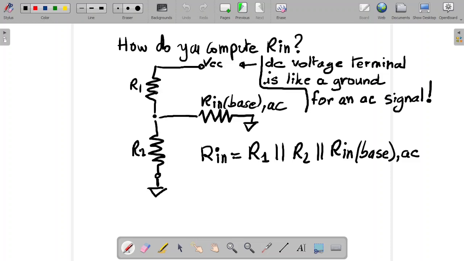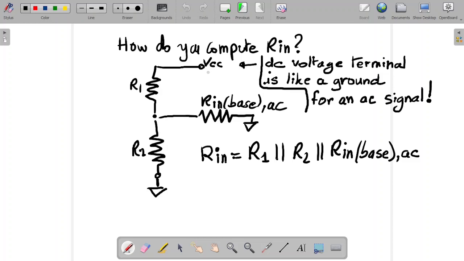All those paths go to ground, except here where it goes to VCC. But VCC is a DC voltage terminal, and as you probably know, a DC voltage terminal is like a ground for an AC signal. So this VCC for the AC signal is basically a ground.